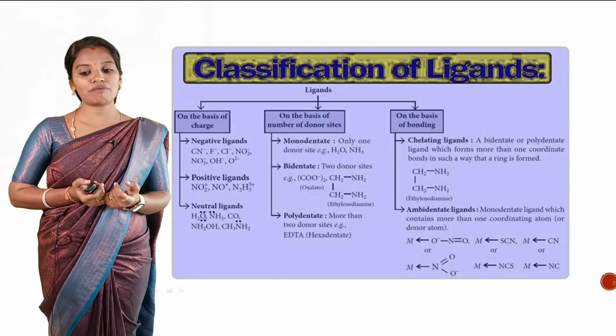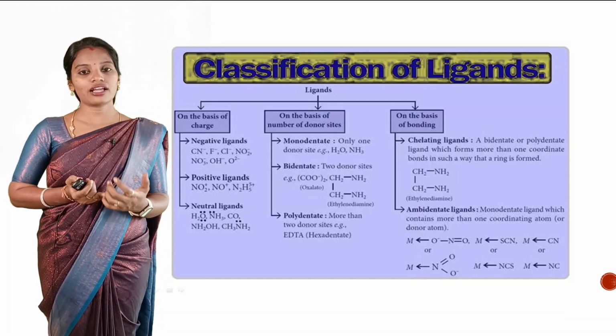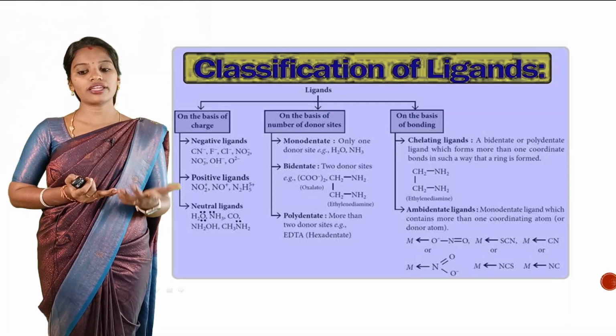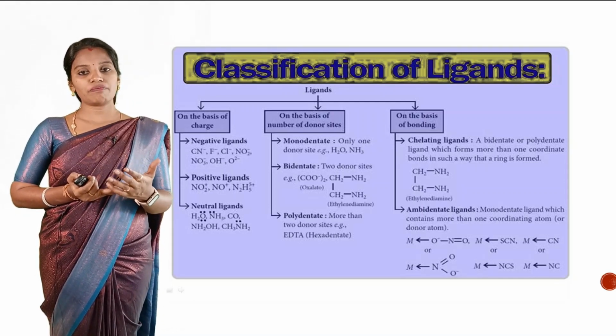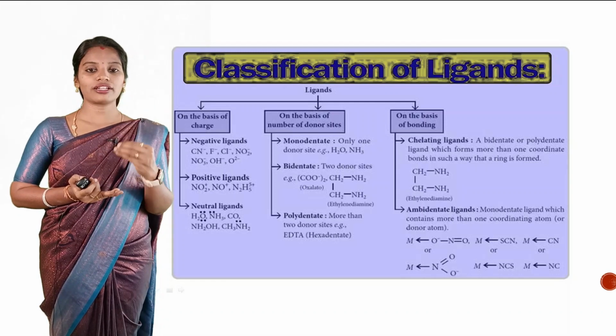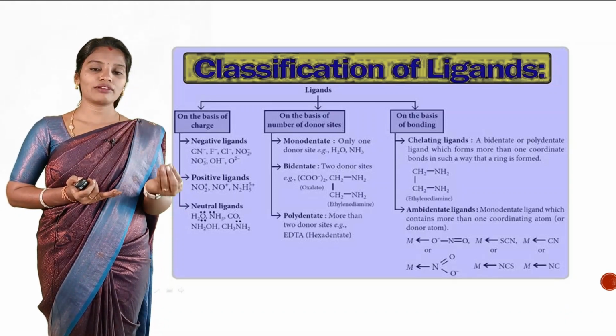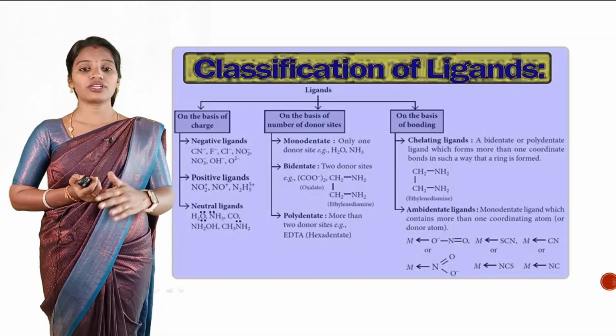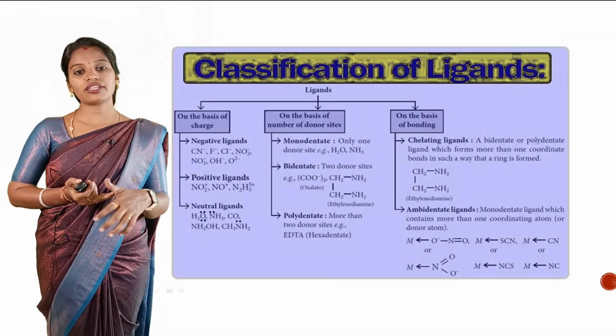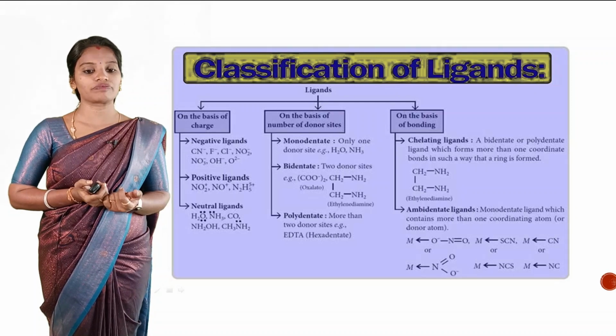And then let's see the example, cyanide and isothiocyanate. So this was the example where nitrogen can donate or sulfur can donate its lone pair of electrons to the central metal atom. So this was the example for ambidentate ligand.